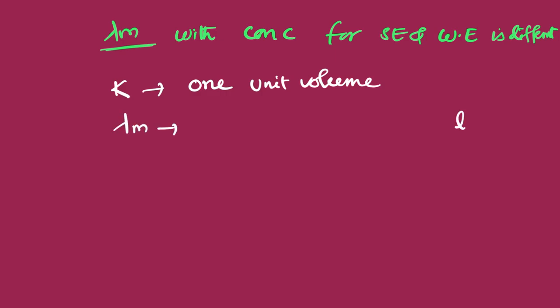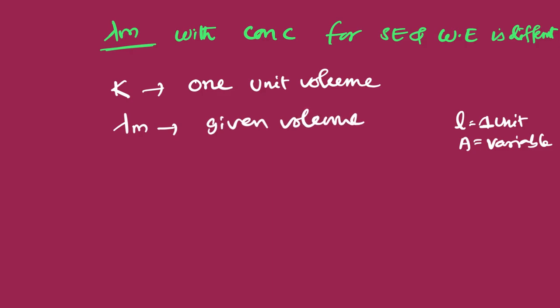Here L is constant, 1 unit, but area is not constant. Area may be variable. This is called given volume. The volume is not very high, not very small.